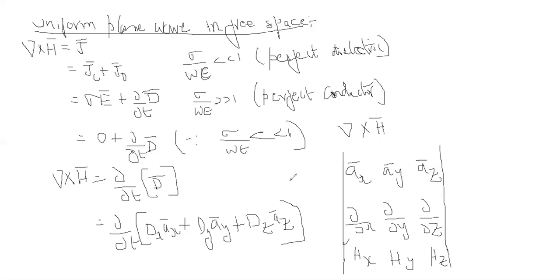I write that equation on the next page. Del cross H bar is equal to ax bar into dou by dou y of Hz minus dou by dou z of Hy.